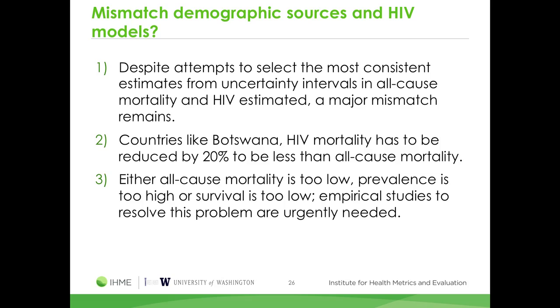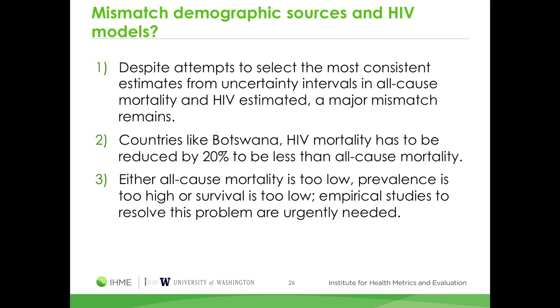The last one is the one that I think nobody really has a great answer for, which is this pretty big disconnect between all-cause mortality analysis, whether that's through sibling history surveys or vital registration data with correction in South Africa, and the modeling from prevalence back to incidence and then incidence forward to death that I've been talking about.